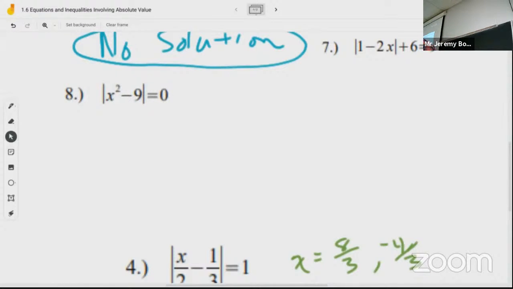All right, so we got the absolute value of x squared minus 9 is equal to 0. The absolute value is by itself. So this is usually where we make it into 2 equations. It's a quadratic. Not that big a deal.